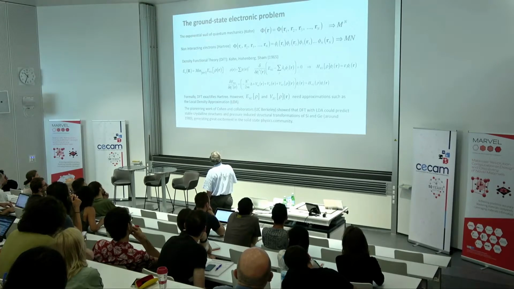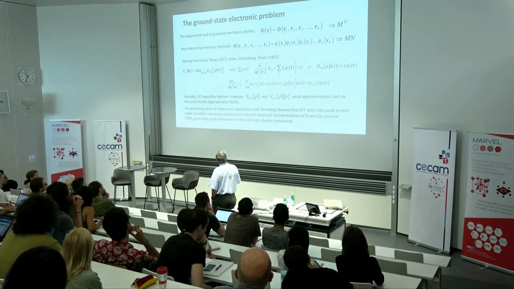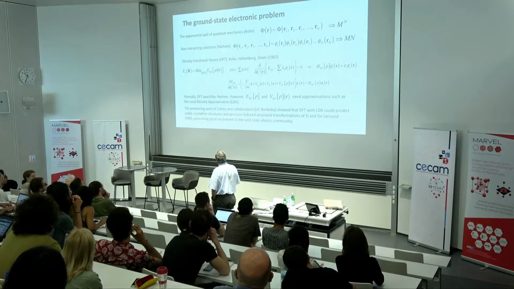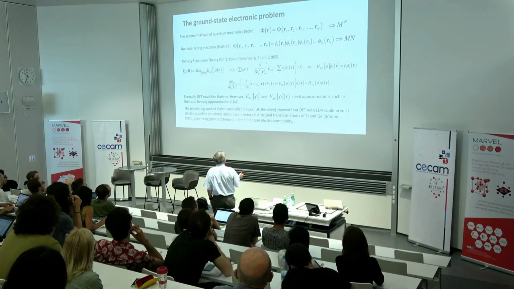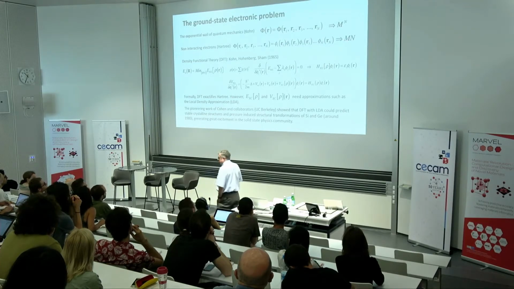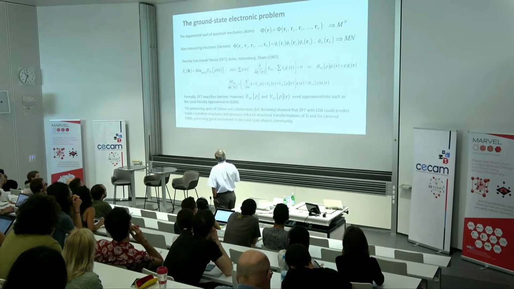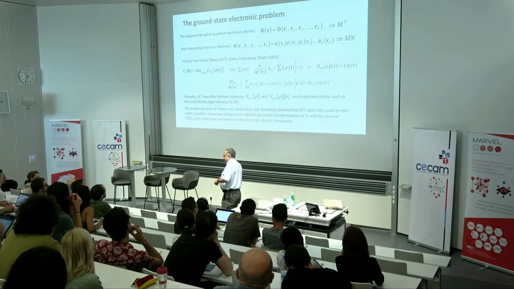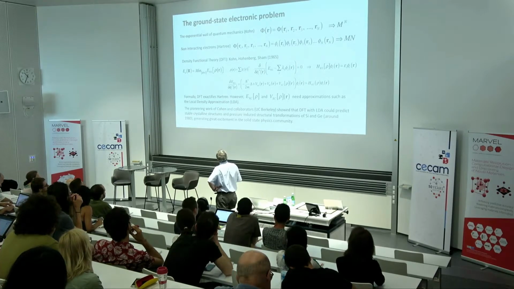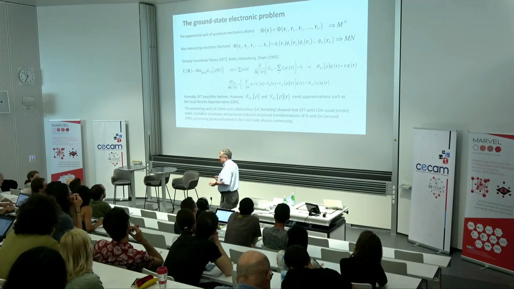On the other hand, if one has non-interacting electrons, in the Hartree approximation, this wave function is just the product of single particle electronic wave functions, and then the number of data that we need to store is just linear with n, so the problem becomes much simpler, but the Hartree approximation is not particularly accurate.